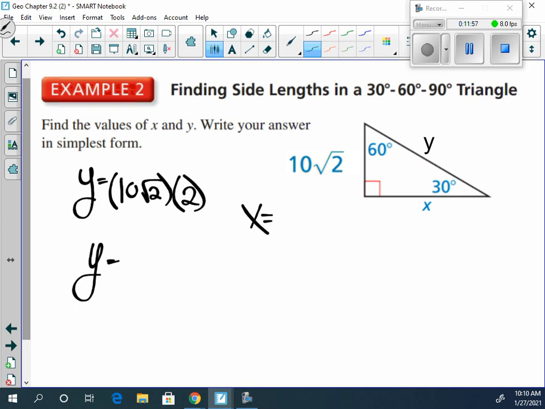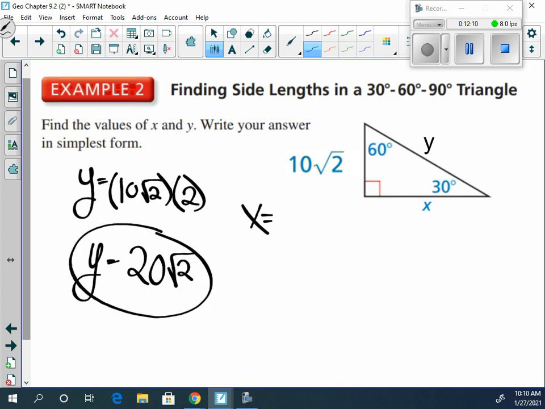Now you can do this in a calculator. 10 squared to 2 times 2. And there's one of our answers, because if we're given the side opposite 30 degrees, we multiply it by 2 to get to the hypotenuse. And we multiply it by what to get to the side opposite 60 degrees? So we're multiplying by what?